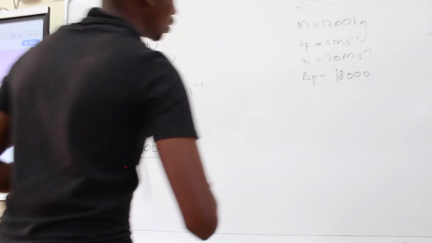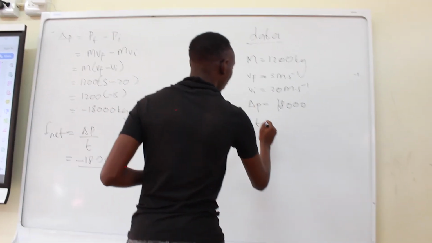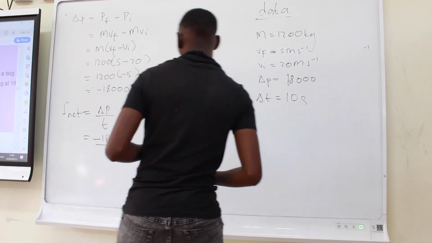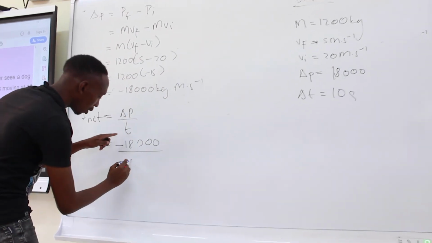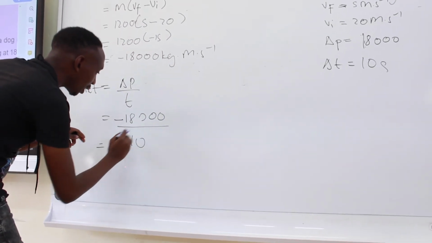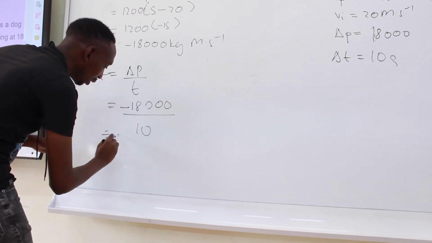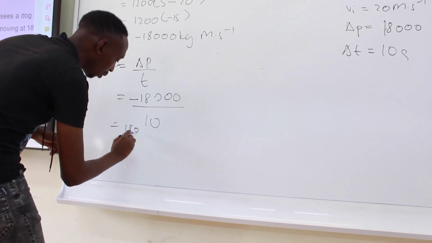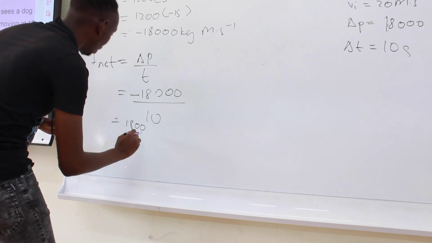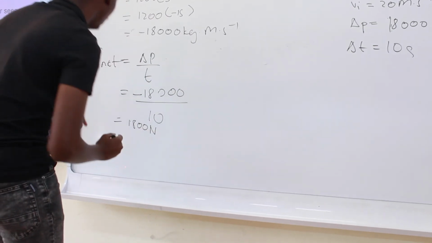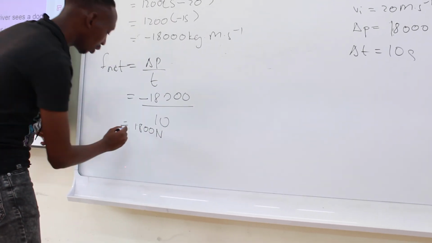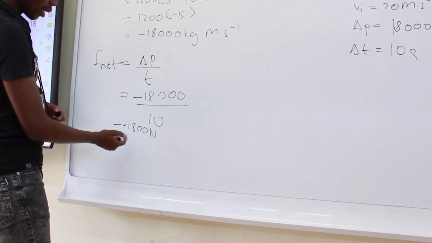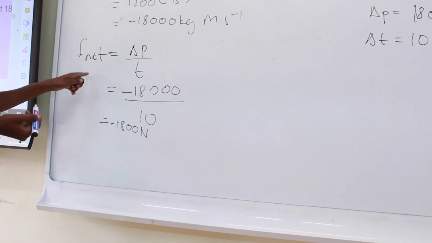They gave us the time of 10 seconds. So negative 18,000 divided by 10 is the same as negative 1,800 newtons. Force is measured in newtons. So I have negative 1,800 newtons. That is the net force.